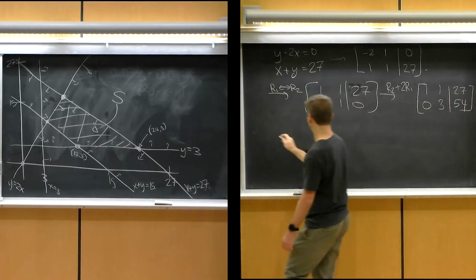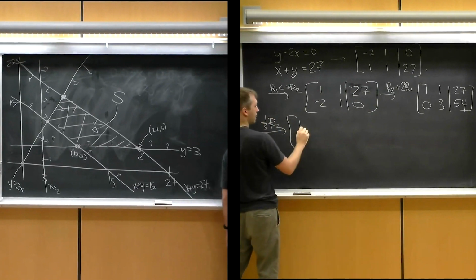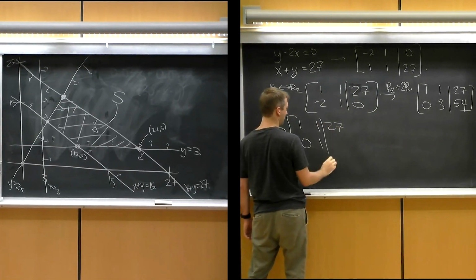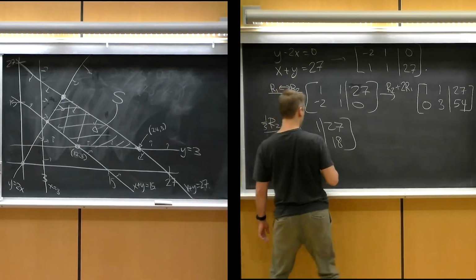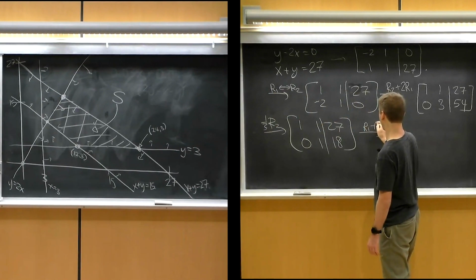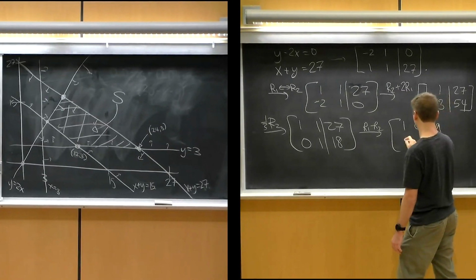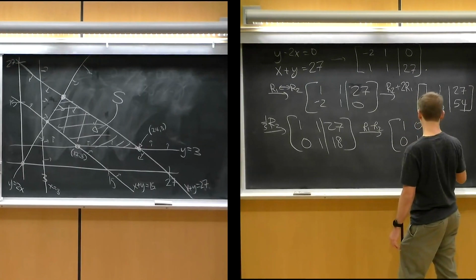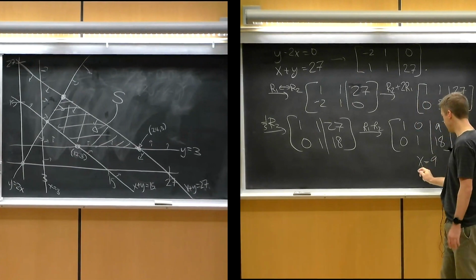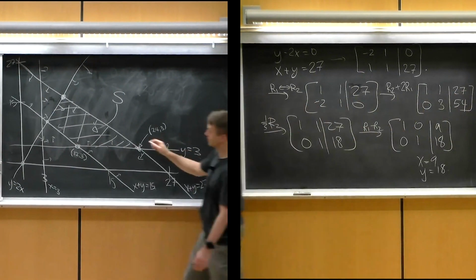And then 1/3 of row 2. It's like 18 or something. Okay, so the solution is x equals 9, y equals 18, I think. Did anyone else get this?